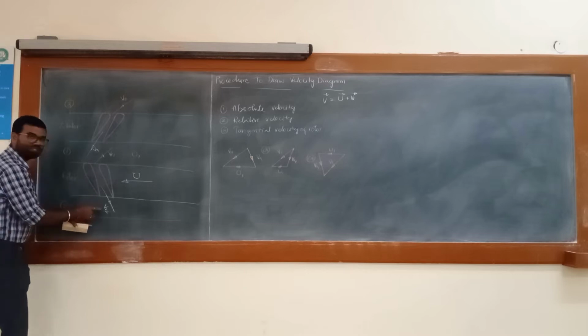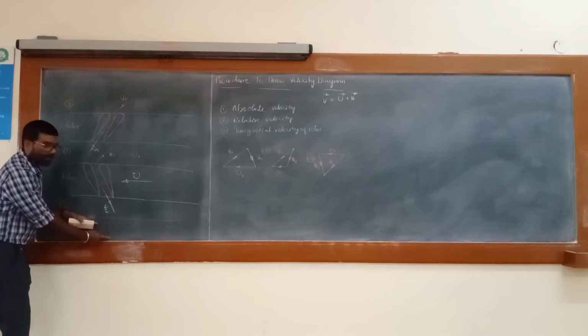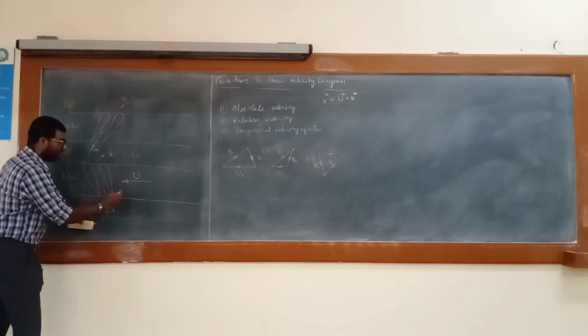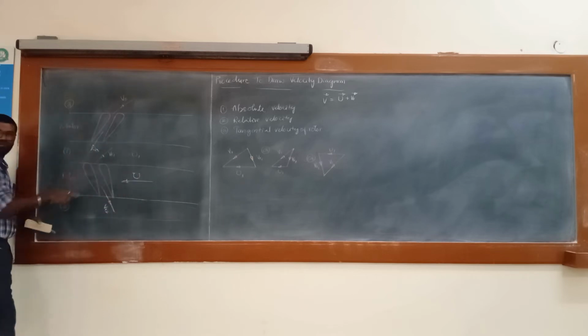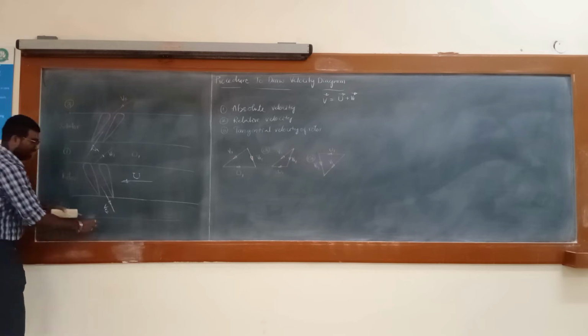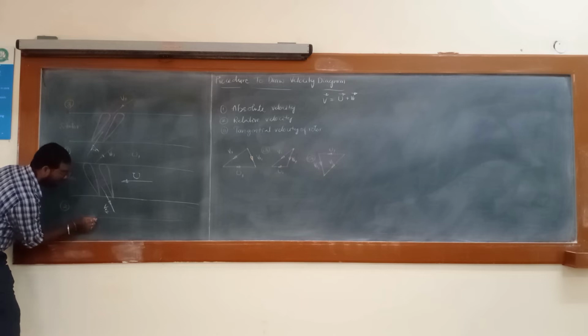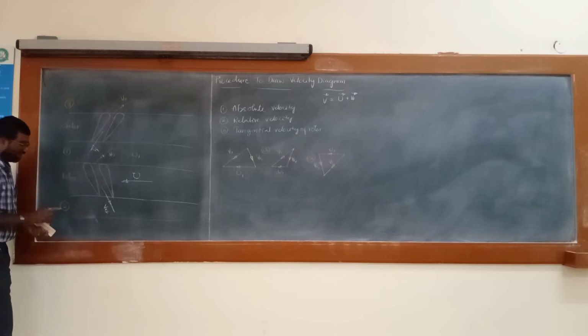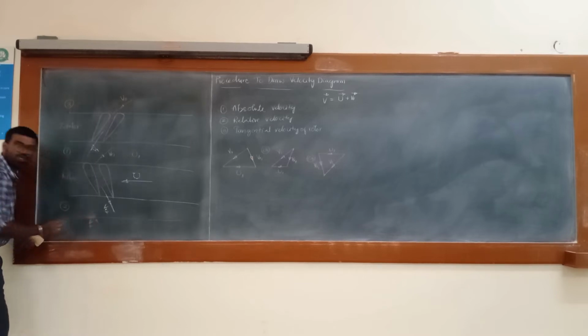Once again, we have the relative velocity which leaves the rotor, the absolute velocity which enters the stator, and the tangential velocity of the rotor, U. Or else, if you have a single stage, the fluid which leaves the stage, that is, the fluid coming out of the machine, will be considered as absolute velocity only.